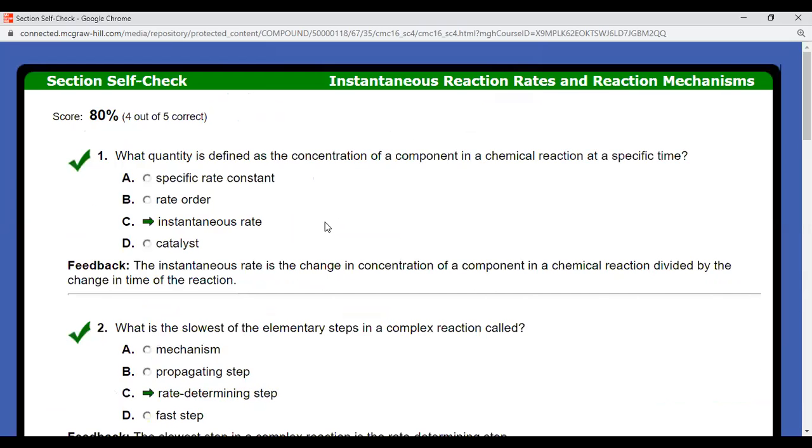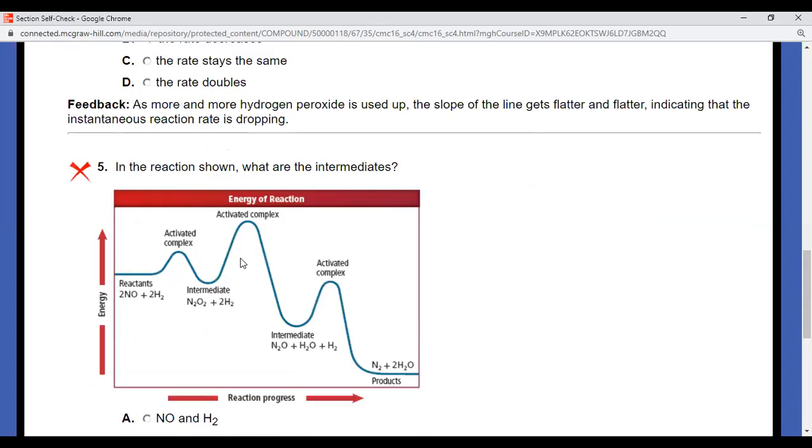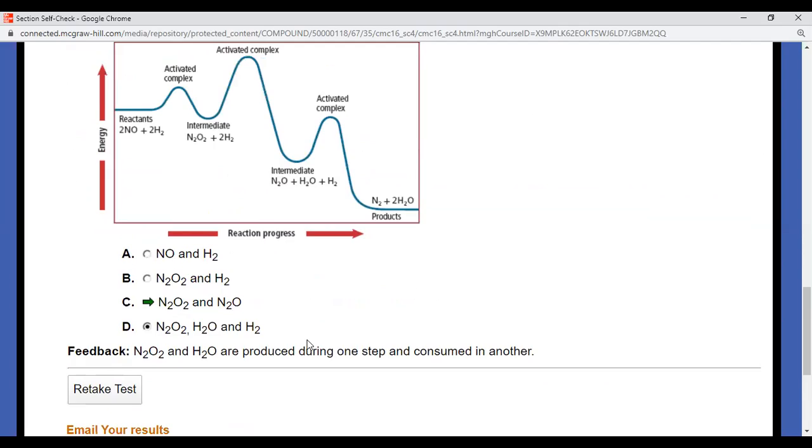Number one, true. Two, true. Three, true. Four, true. But five, it's N2O2 and N2O, because the others are water vapor and hydrogen gas, which can't be intermediates. N2O2 and N2O are produced during one step and consumed in another. Thanks, Hussein, for your participation.